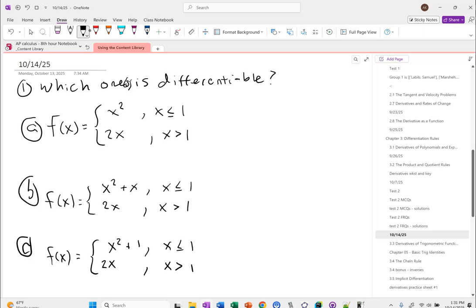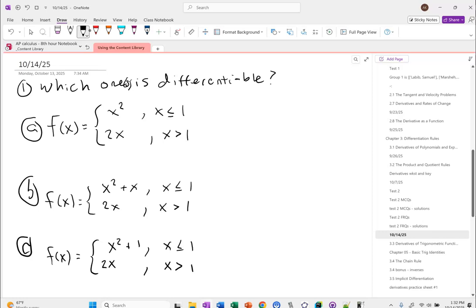So these are all piecewise functions, right? If you look at the pieces of the piecewise function, each piece is a polynomial. The derivative of a polynomial is going to be another polynomial. The domain of a polynomial is all real numbers. So each piece is going to be differentiable for sure.